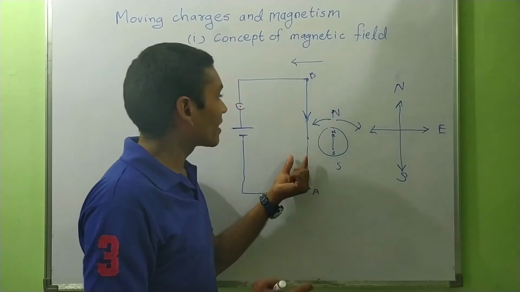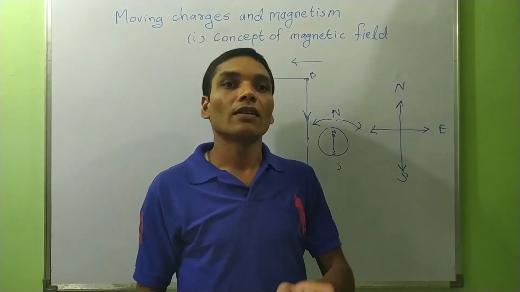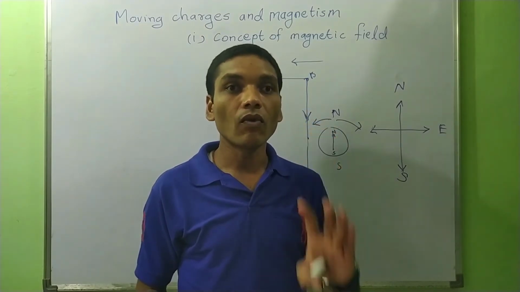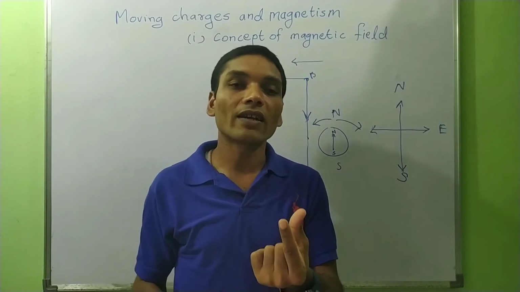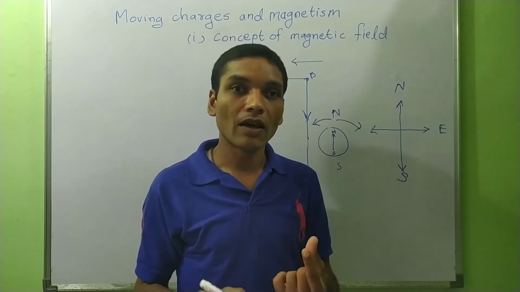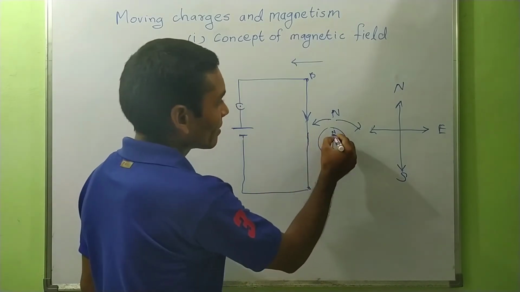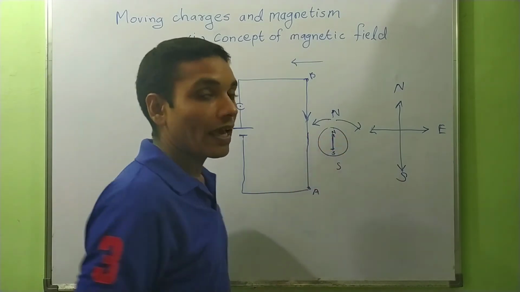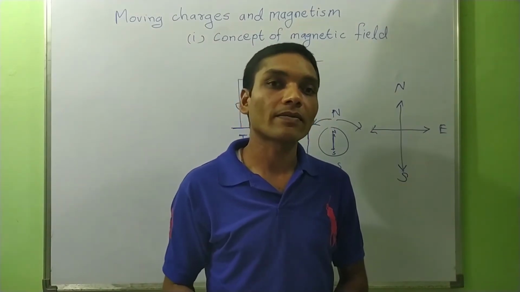Similarly, when current is flowing through the conductor, magnetic force acts between the electric charges. Here electrons are flowing, and the magnetic needle also has electrons or charged particles.